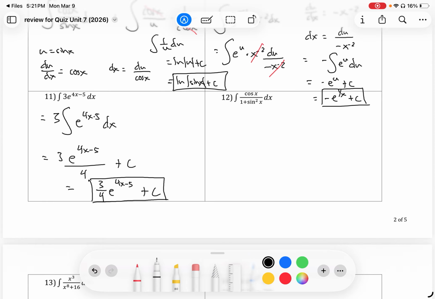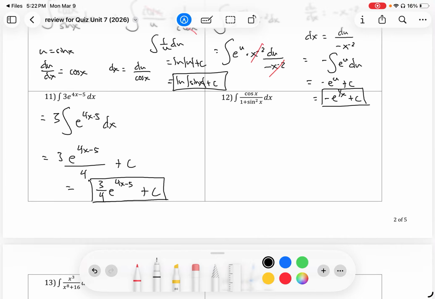And finally, 12, before I maybe pause and get a little more power, though I guess I still have 16%. 1 plus sine squared. And then I have cosine x. Well, what I'm noticing is that I have 1 plus something squared, and then I also have its derivative.